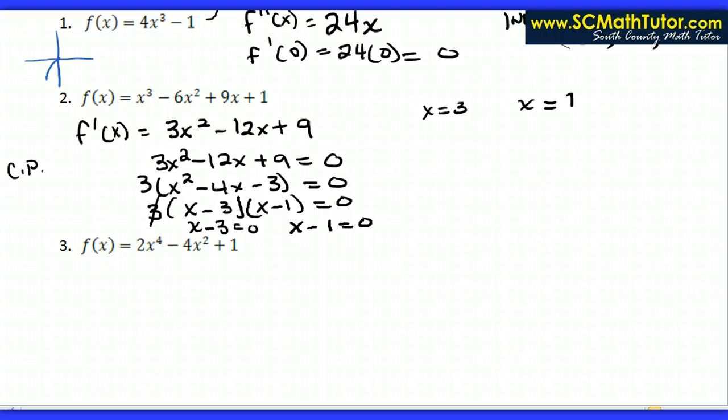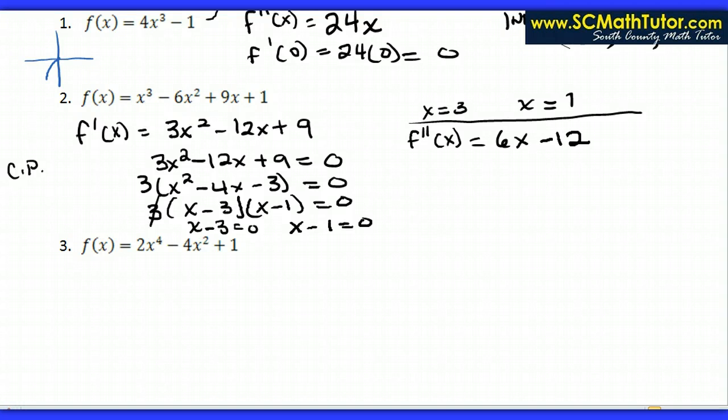The first derivative gives us the critical points because we just set it equal to 0. Now we do the second derivative test to find the concavity. F double prime of x, the derivative of the derivative, is 6x minus 12. Now what we care about is the sign of the second derivative at the point.